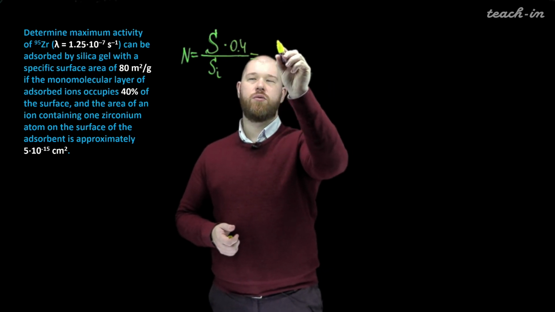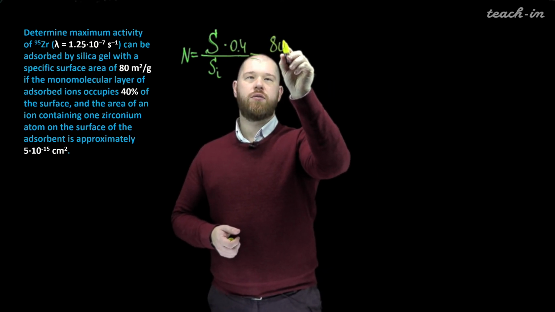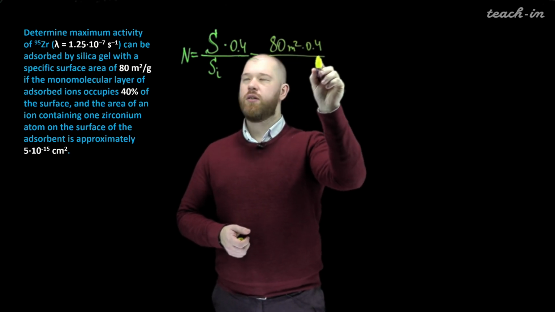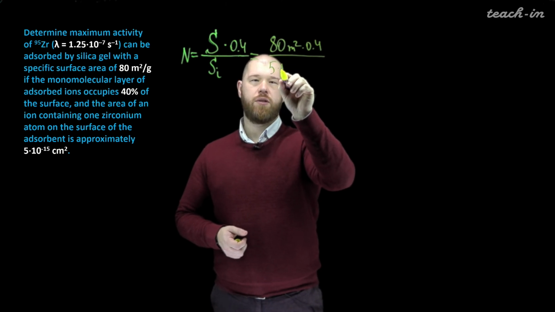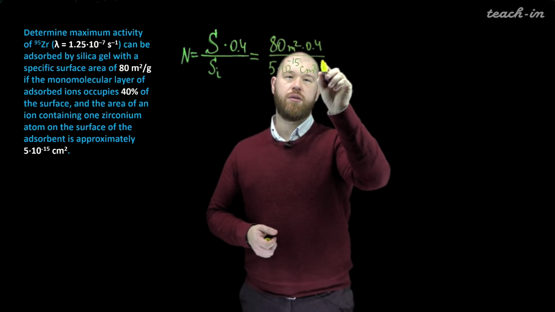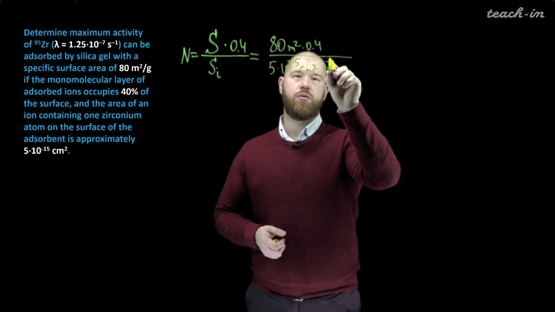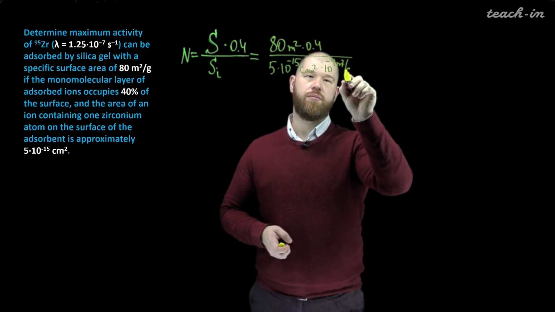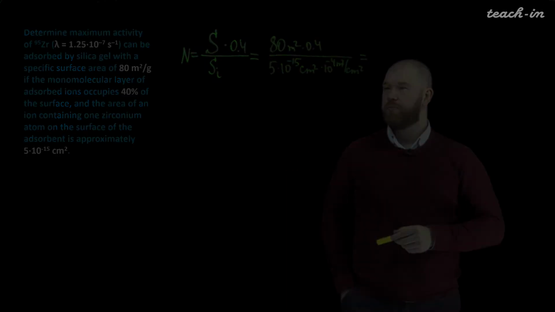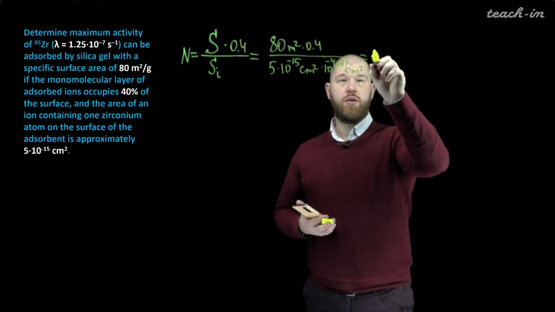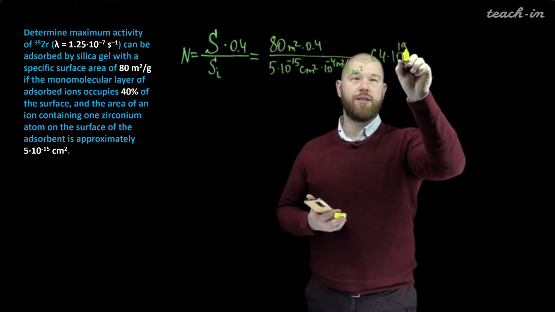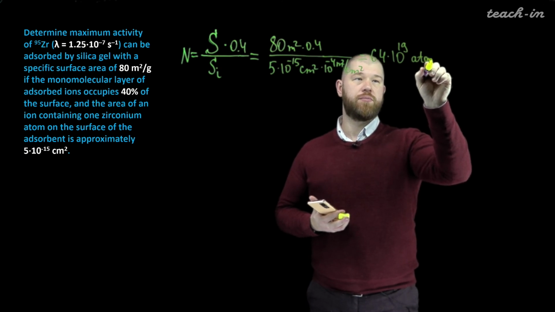So let's do it. It will be 80 square meters, 0.4, and here it will be 5 × 10^-15 square centimeters. Again, we should not forget to convert square centimeters to square meters, or vice versa. So it will be 6.4 × 10^19 atoms.